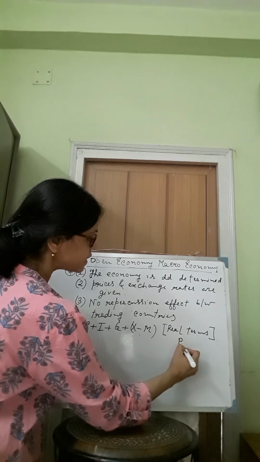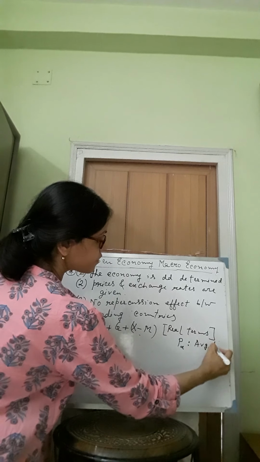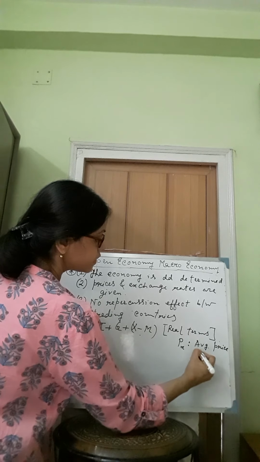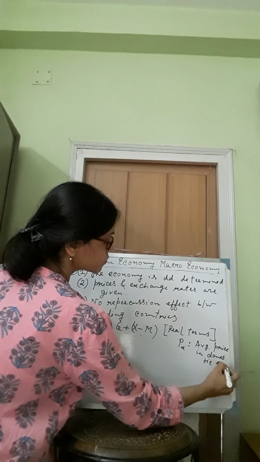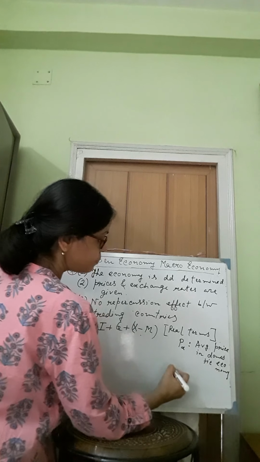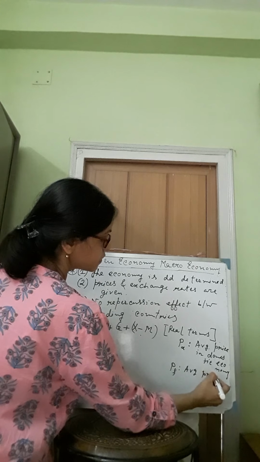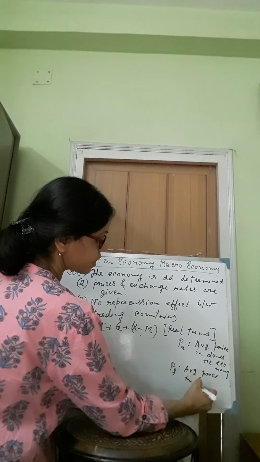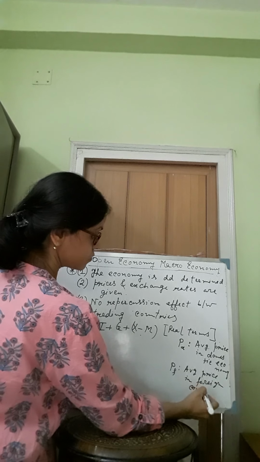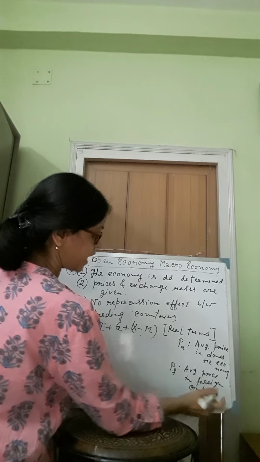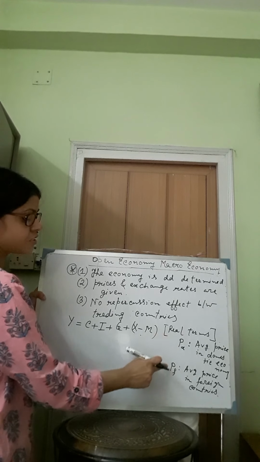Now suppose PD is the average price level in the domestic economy, and PF is the average price in the foreign country with which we are trading.